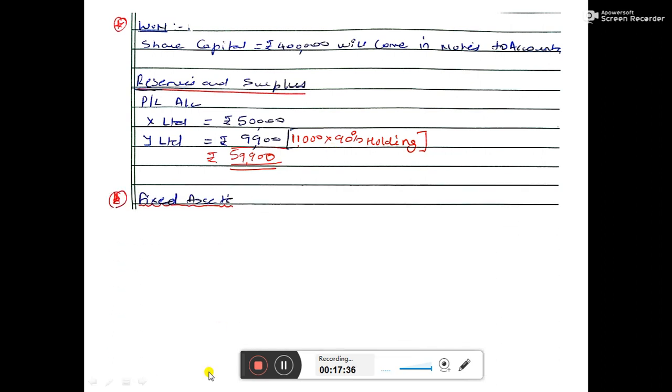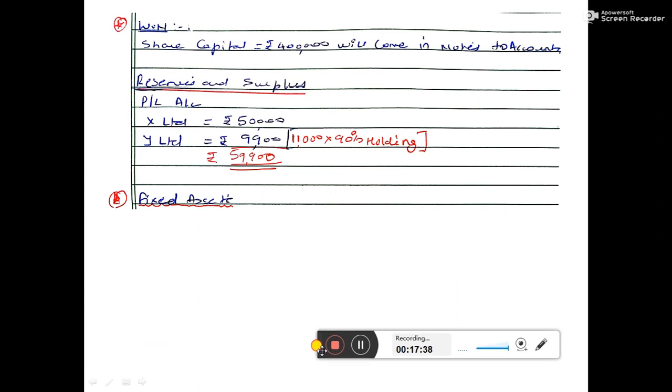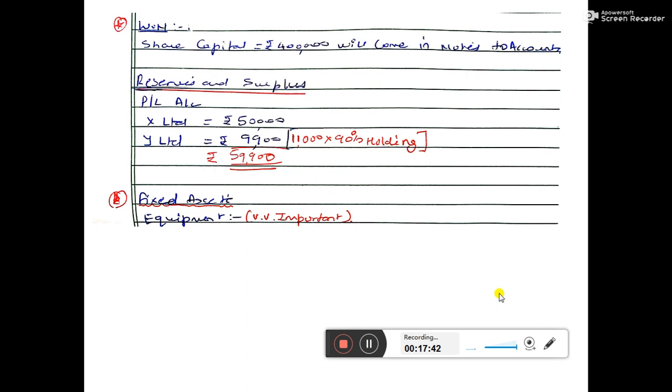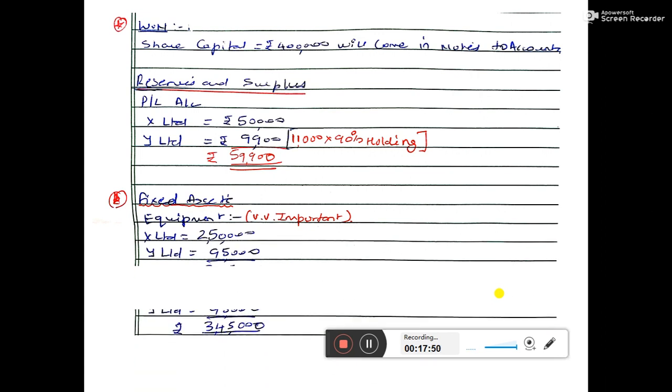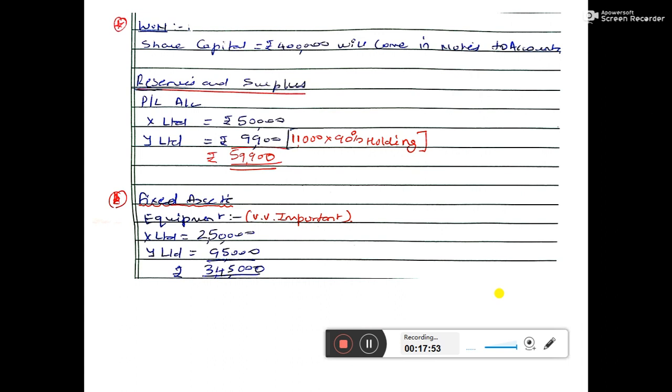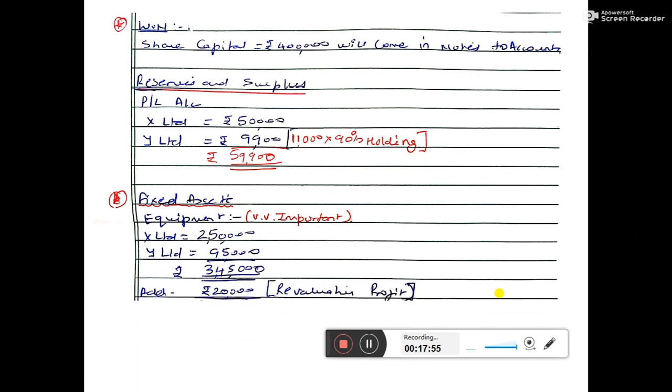Then after this, a very important adjustment is fixed asset. In this fixed asset, equipment is given. The amount of X Limited is 2,50,000. Y Limited is 95,000. To this, we have to add revaluation profit, that is 20,000. So 3,65,000.